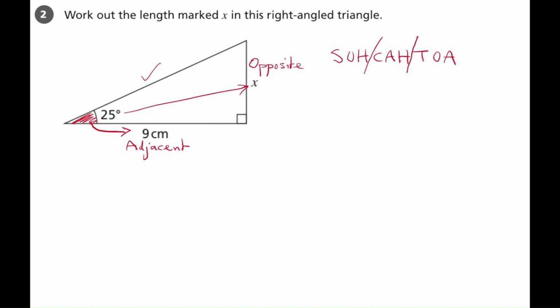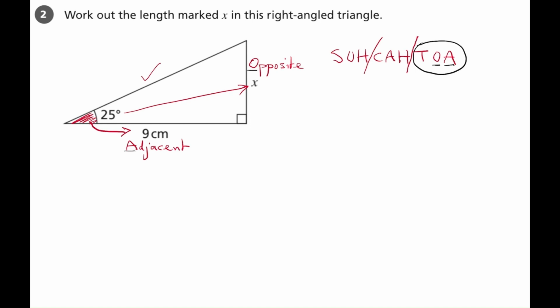So we look at our question and we look at the first letter, so O for opposite and A for adjacent, and we find those two letters where they are together in one of the formulas. So we have the O for opposite and the A for adjacent in the last one.